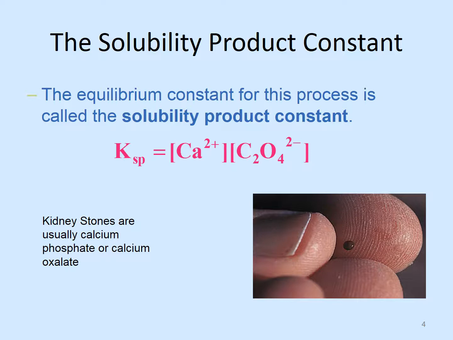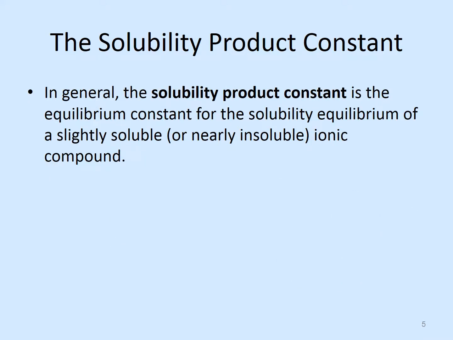So just for an example here, kidney stones are often calcium phosphate or calcium oxalate. And those little buggers can really hurt when they pass through you. The solubility product constant is similar to a Ka for an acid or a Kc for a general equilibrium, or Kw for water.